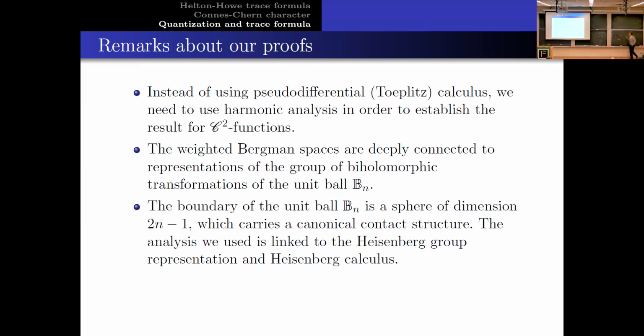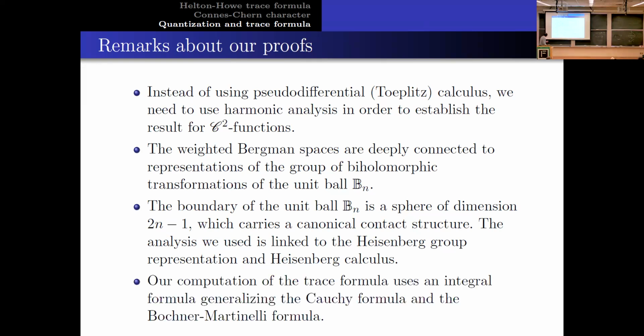This is related to the Heisenberg symmetry here on the board. And the last one is that for the trace formula, the main tool we use is a generalization of the Cauchy integral formula. So that's about the remarks.